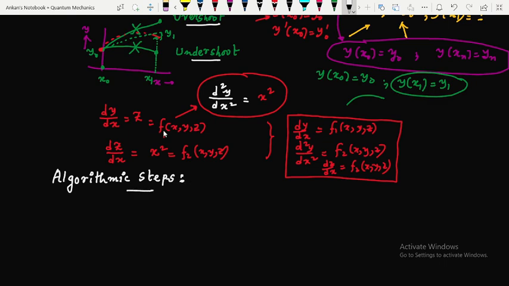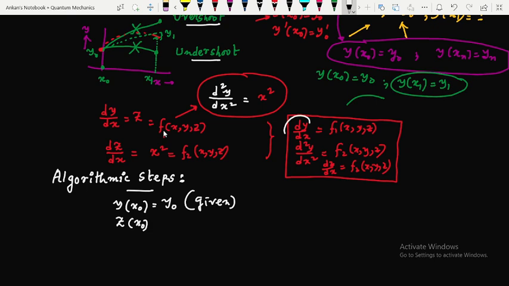Okay, so what I am saying to you is that at some initial value x0, the value of y is given to you, which is y0, and at x0 you can calculate the slope.